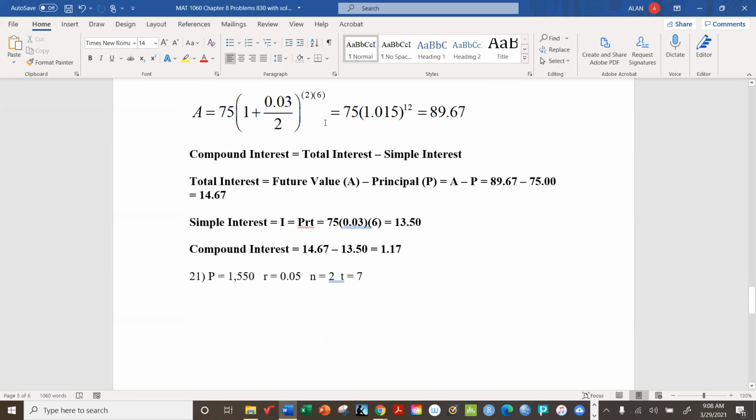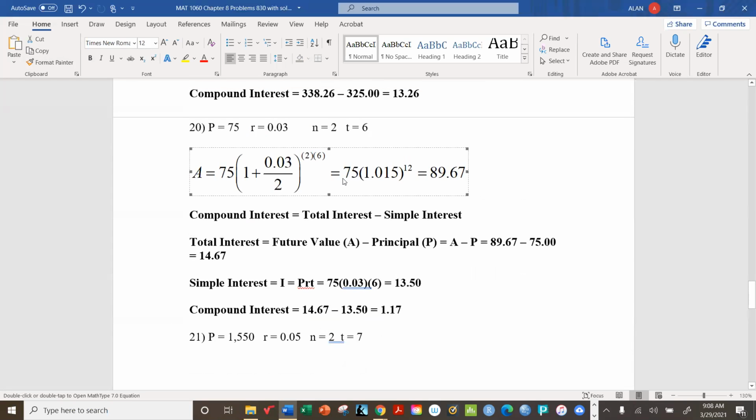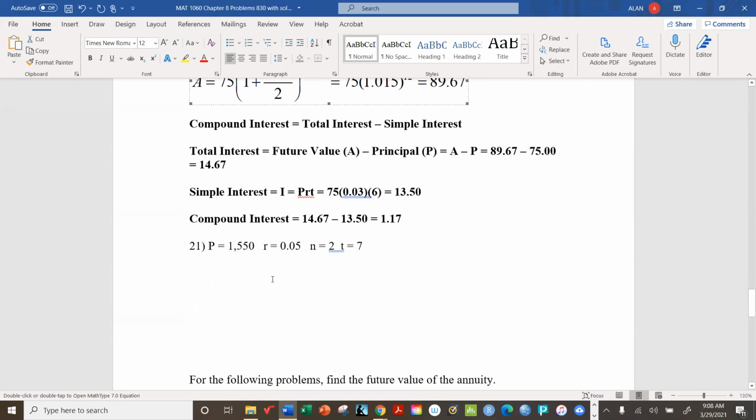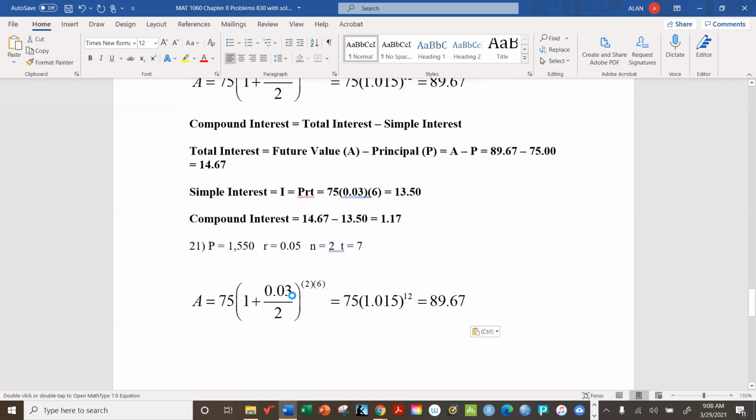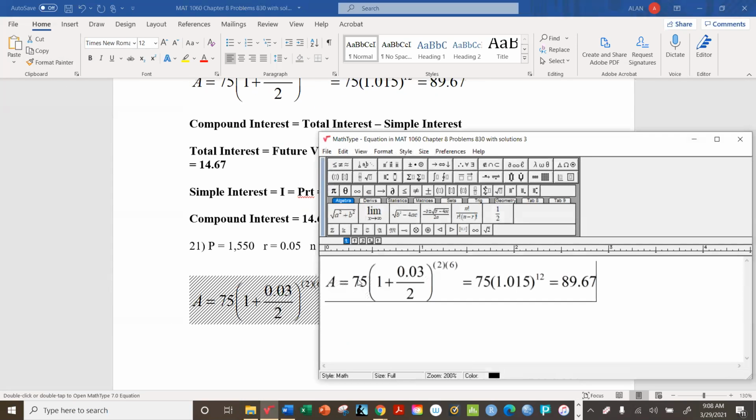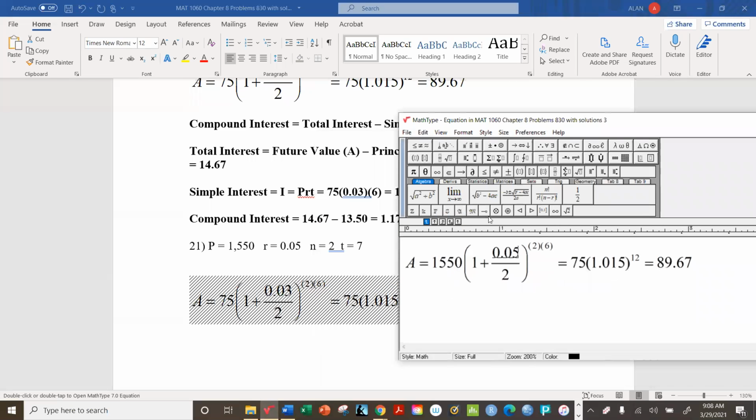All right, so let's use our magic formula here to find the answer. Okay, 1550. This is 5. 2 is the semi-annual compounding frequency, and then we have 7 here.